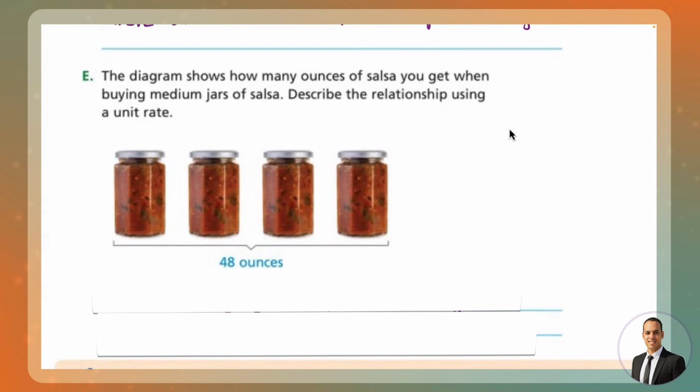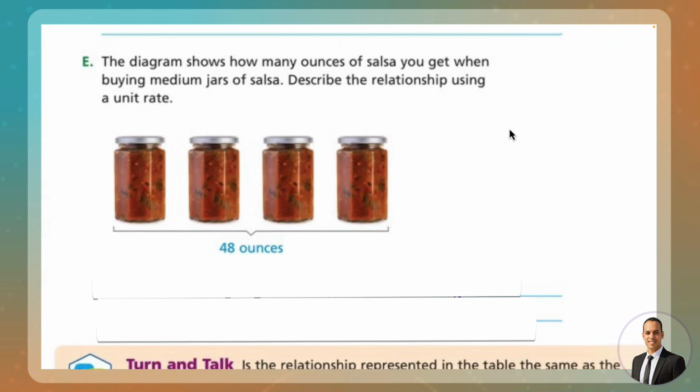The diagram shows how many ounces of salsa you get when buying medium jars of salsa. Describe the relationship using a unit rate. So if you see here, these are medium jars, not the small jars before. And we have here 4 medium jars, and they all together have 48 ounces. So using a unit rate means for 1 medium jar. If it's 48 in 4 jars, how many in 1 jar?